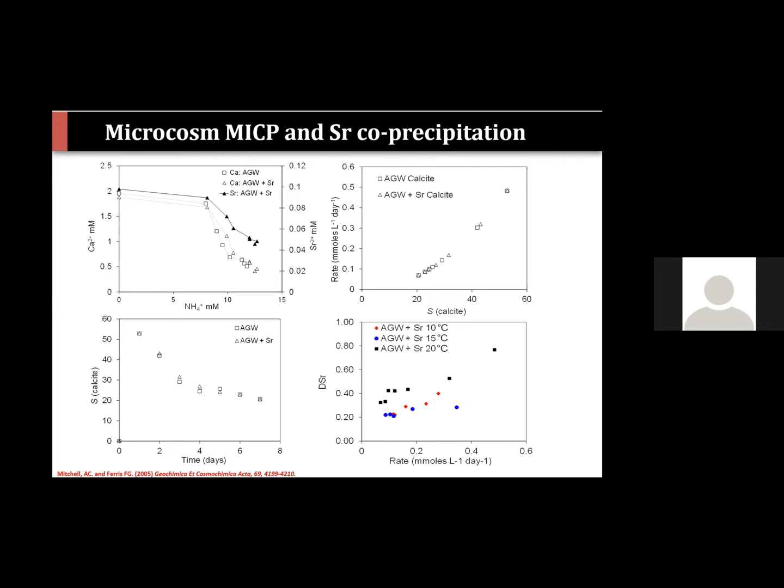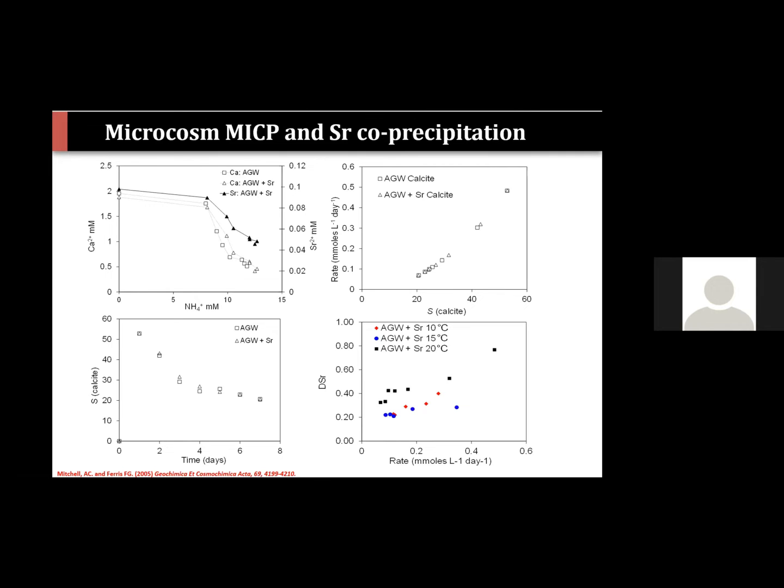So it seems that, even though we've got cells in there, which are potentially acting as nuclei within these experiments, we've got a low surface area. And this really leads us to start thinking about what's the specific role of the cell surface in this reaction, and really the cell-mineral interactions.